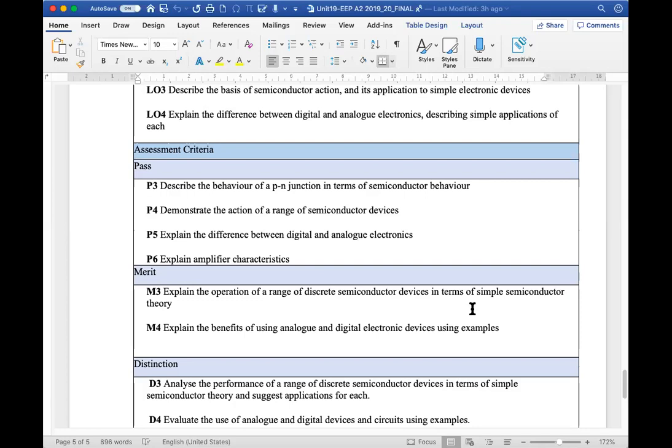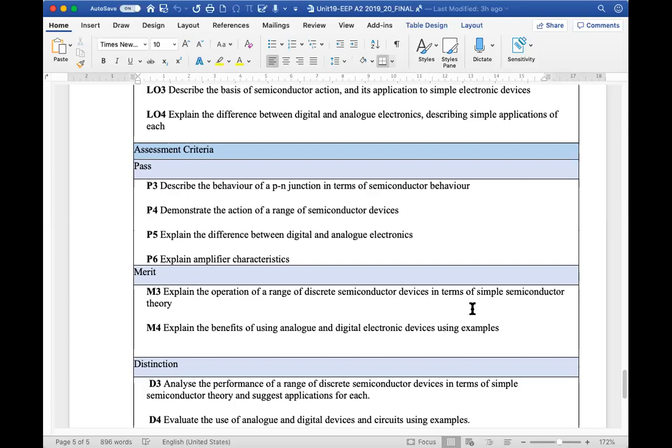M4, explain the benefits of using analog and digital electronics. So that's where you're going to research. And D3, if you want distinction, analyze the performance of a range of discrete semiconductor devices in terms of semiconductor theory. So that's where you add in the semiconductor theory.